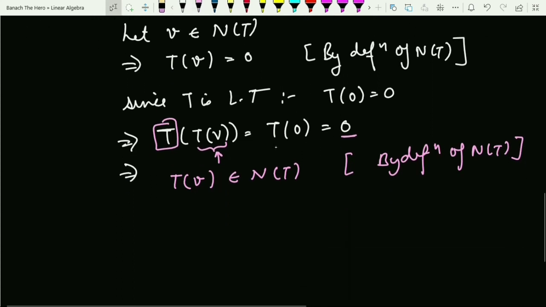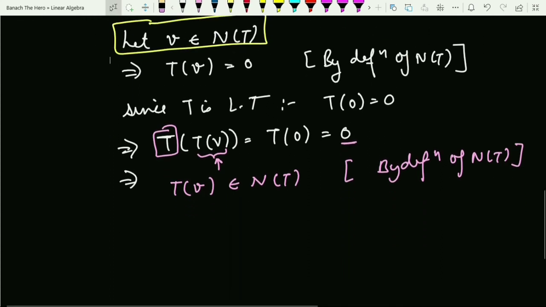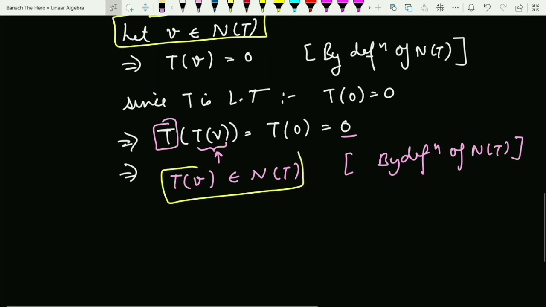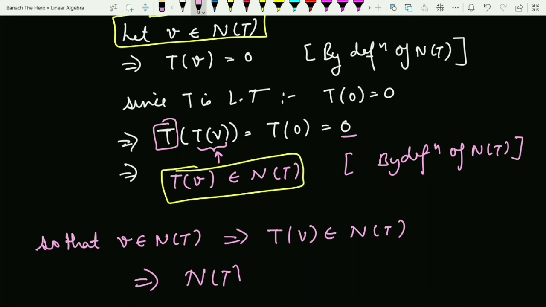So in the beginning you considered v to be any vector coming from N of T, and finally you proved that T of v also belongs to the N of T. So finally what do I say? That v belongs to N of T implies T of v belongs to N of T. Therefore we can say that the null space of T is invariant under T.